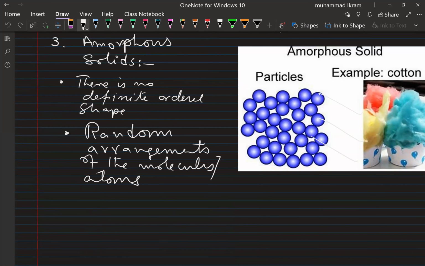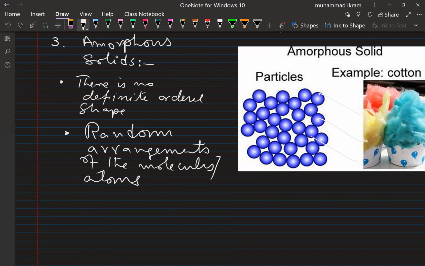Some liquids, when cooled, become more and more viscous and then rigid, retaining random atomic characteristics.